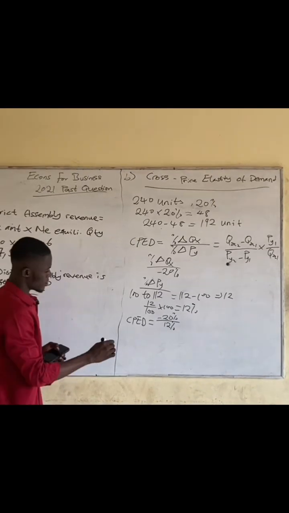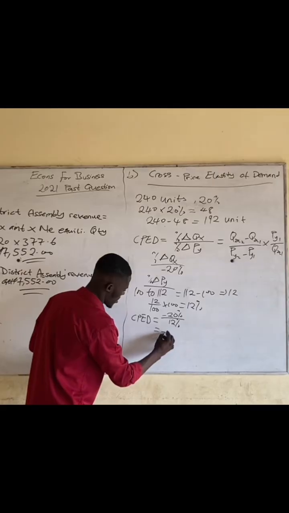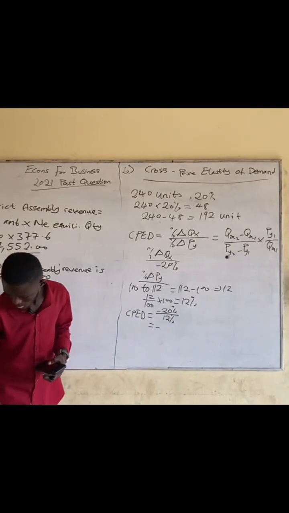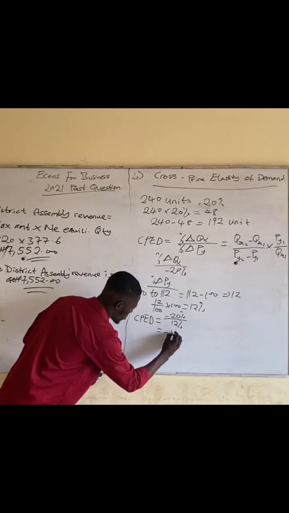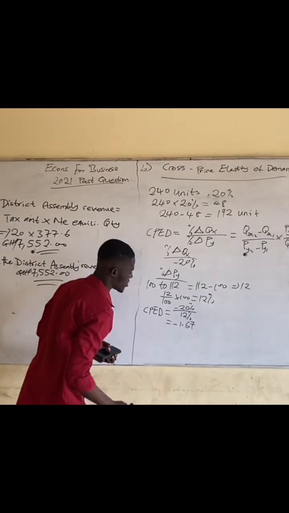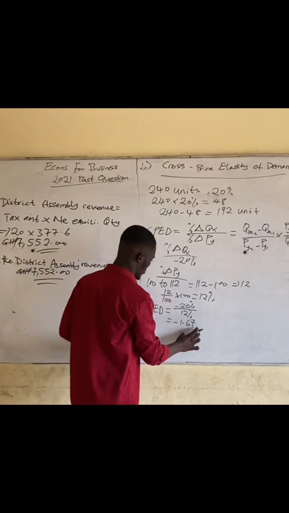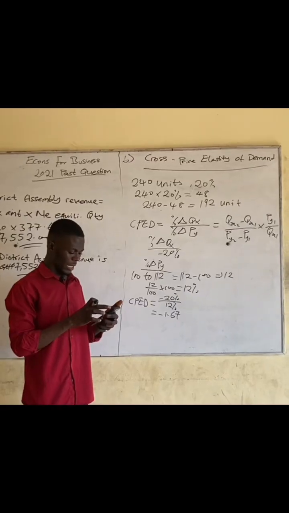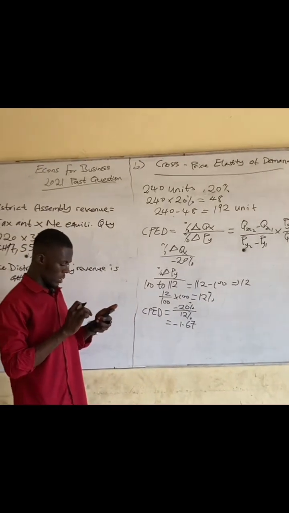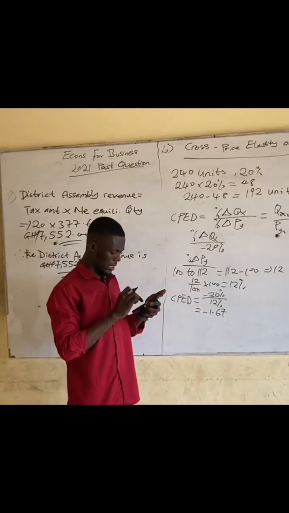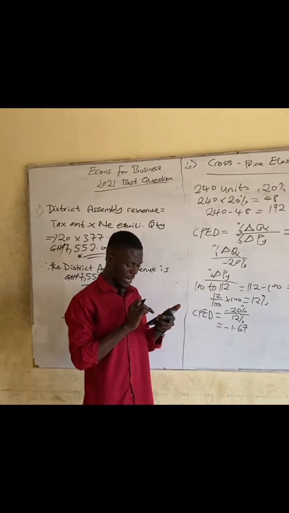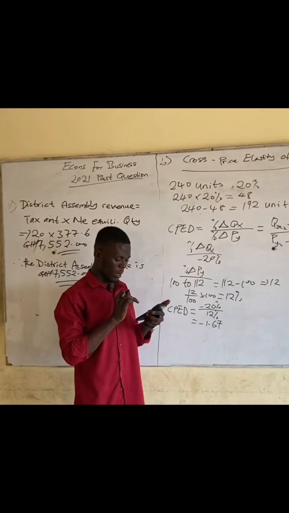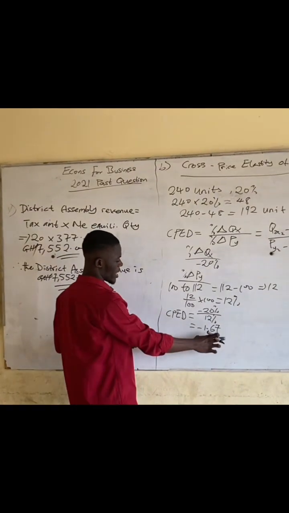So we'll get minus 1.67. Okay, minus 1.67. So here it seems they stated something there, and I want us to take a look at it. It says, determine the cross price elasticity of demand for King and Puke and interpret your result. So we had this.